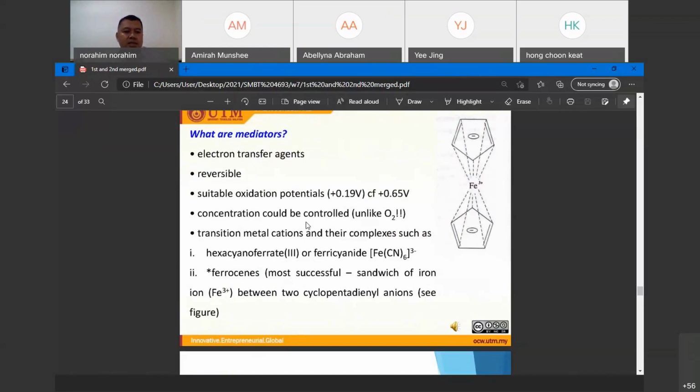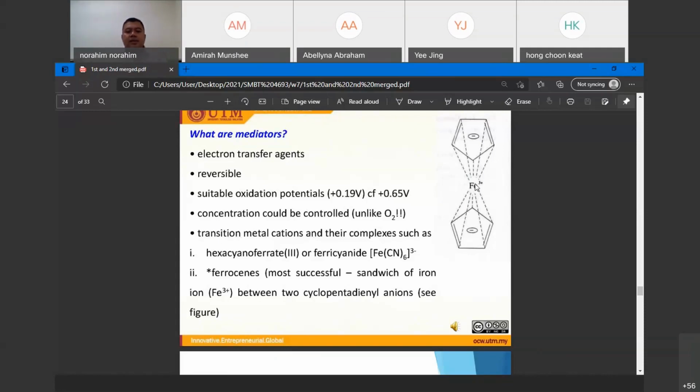The concentration could be controlled, whereas oxygen concentration is very difficult to control. The transition metal cations are complex compounds, usually with a metal ion in the middle.